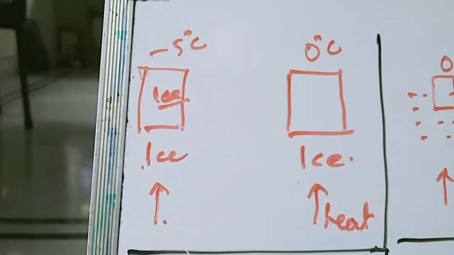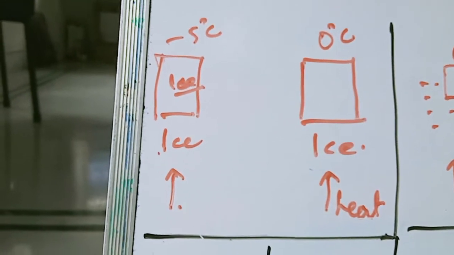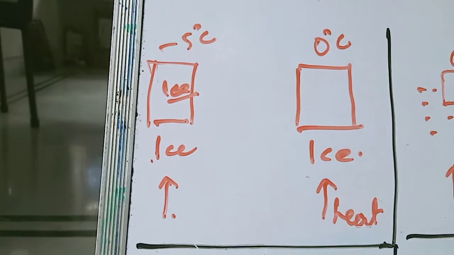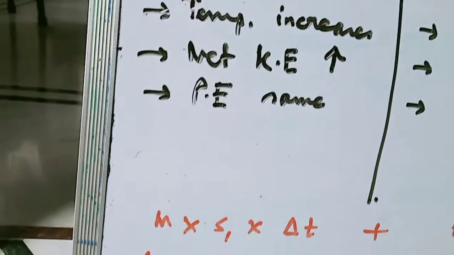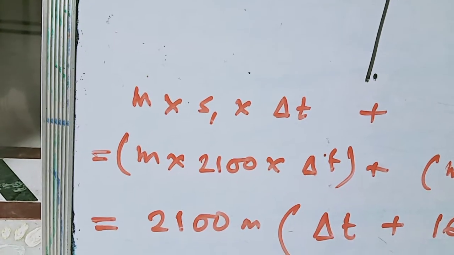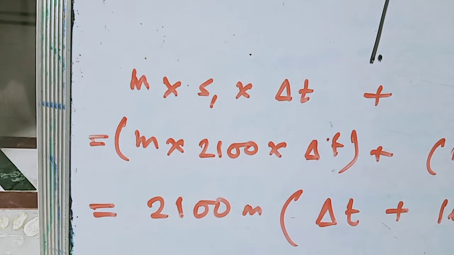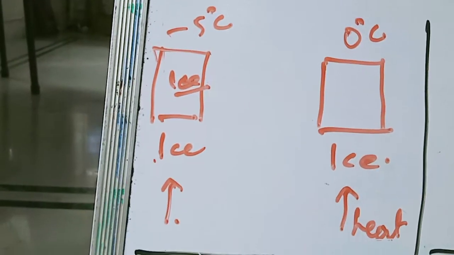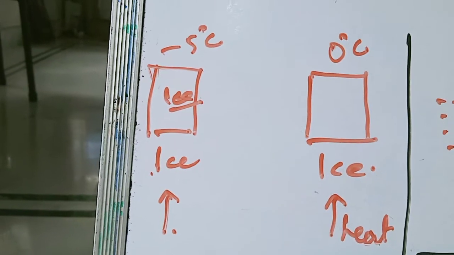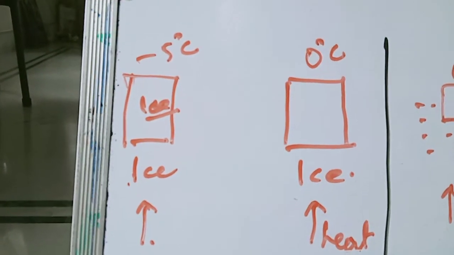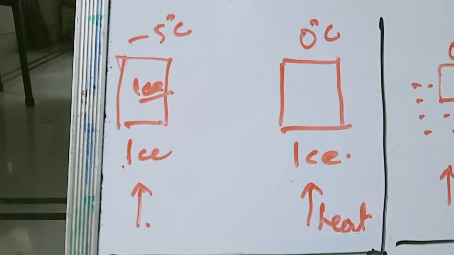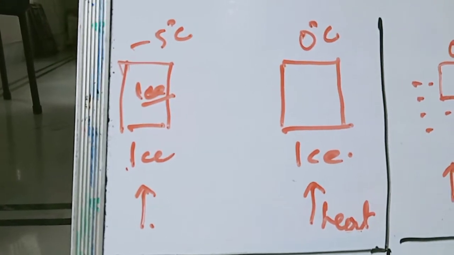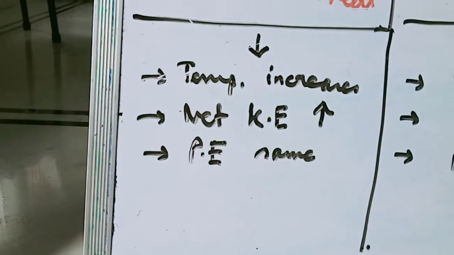Similarly, in the reverse direction, if you convert 0 degrees Celsius ice to minus 5 degrees Celsius ice, the heat released by the ice will be mass into specific heat capacity of ice into change in temperature. So when the temperature is increased from minus 5 to 0 degrees Celsius, heat is provided to the system. When the temperature decreases from 0 to minus 5 degrees Celsius, heat is released from the system.